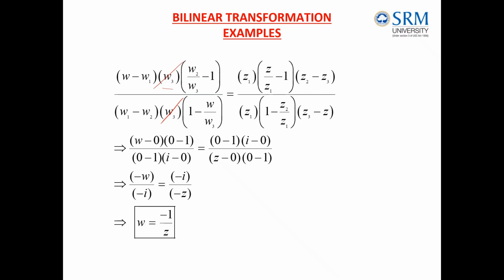Similarly on the right hand side, Z1 taken as common cancels with the denominator. If you substitute infinity, this term becomes 0. Further simplifying, you get the bilinear transformation W equal to minus 1 by Z. So if infinity comes, do this simplification before substituting the values in the cross ratio property. Then you can easily understand how to simplify and get it.